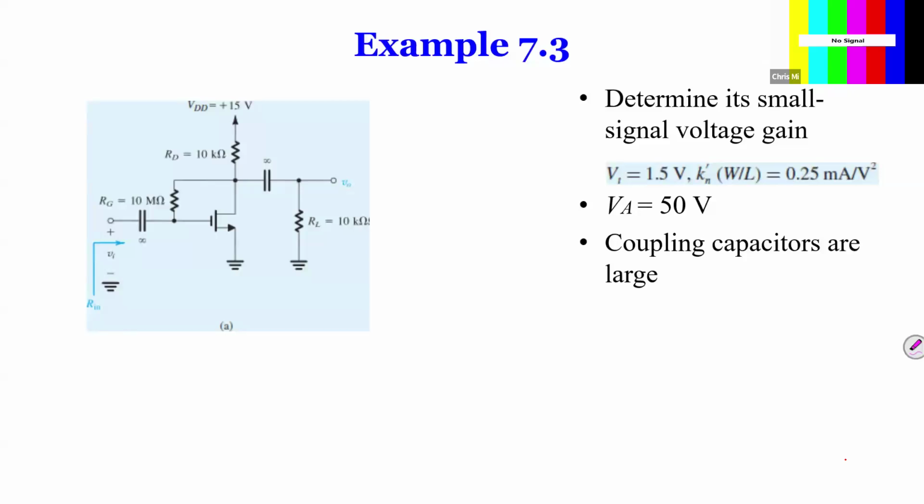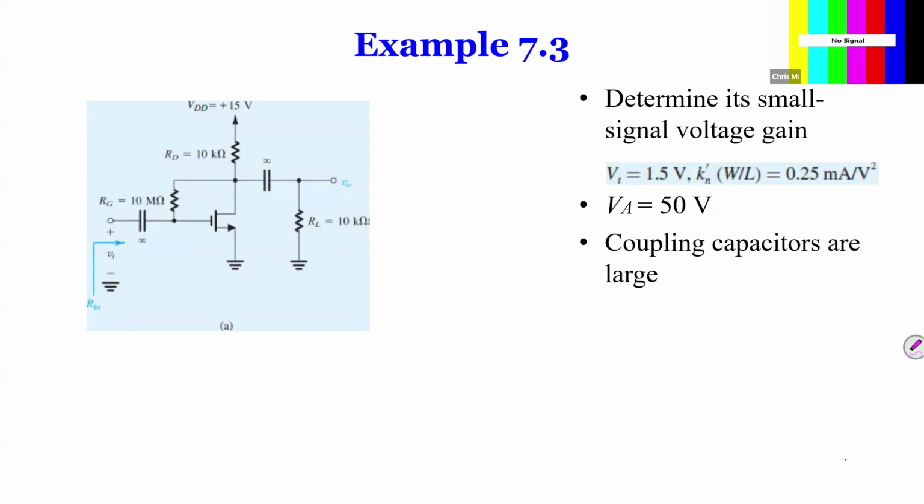Coupling capacitors are large, meaning they are short circuits for small signal. Having this circuit, step one, find the MOSFET. Step two, draw the small signal circuit. Step three, find components connected to each terminal.